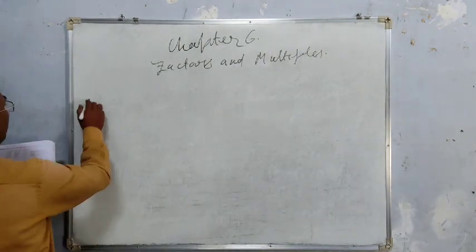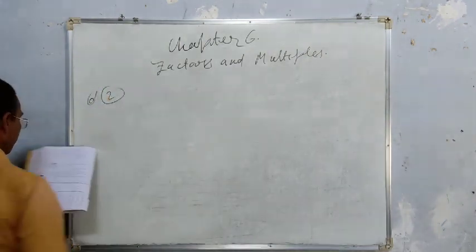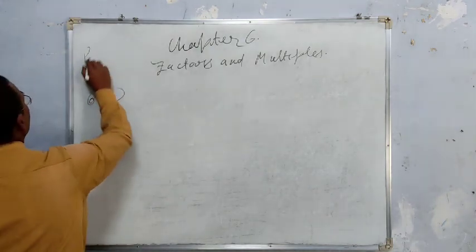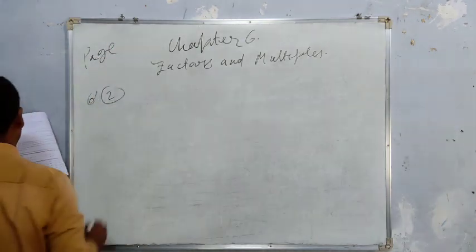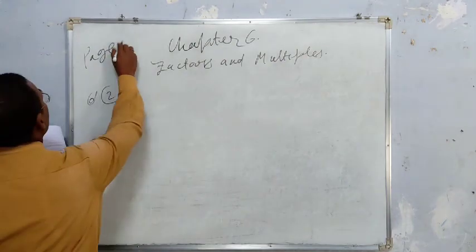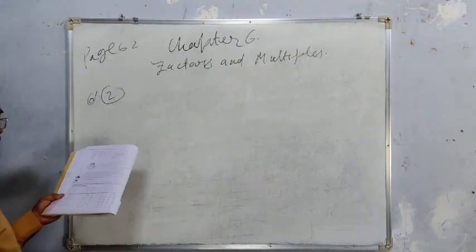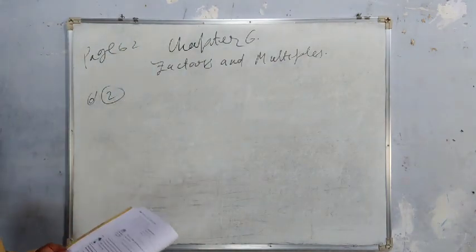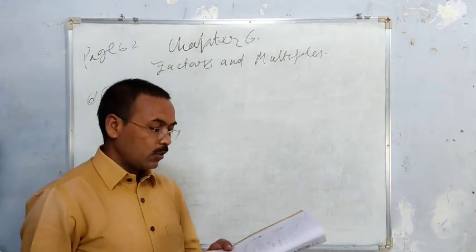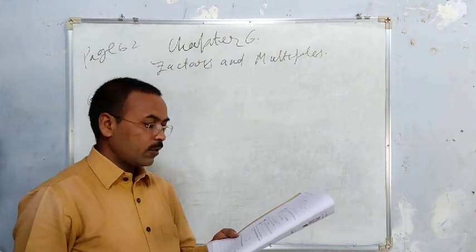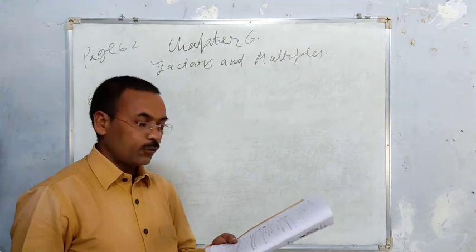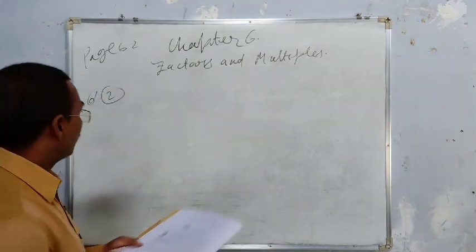Question number 2 on page number 62. Here it is asking to find the LCM of these numbers using the prime factorization method. The questions are written in the book, so I will not write the question. Directly come on question number 4.